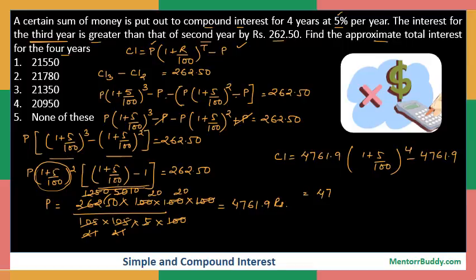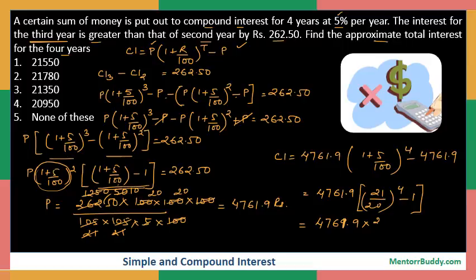From where if I take 4761.9 common, I will be getting (21 by 20) to the power 4 minus 1. If I solve it, I'll get 4761.9 multiplied by, now this becomes 21 to the power 4 minus 20 to the power 4 divided by 20 to the power 4.